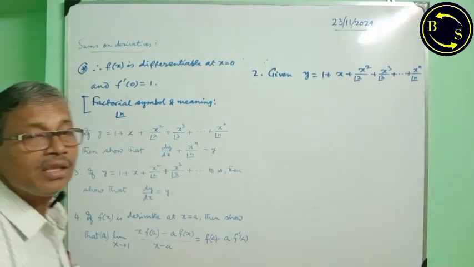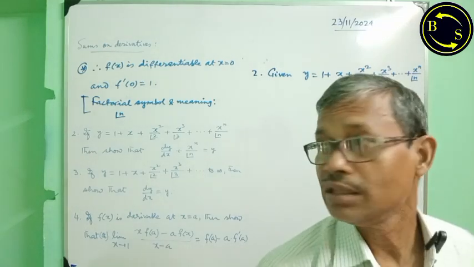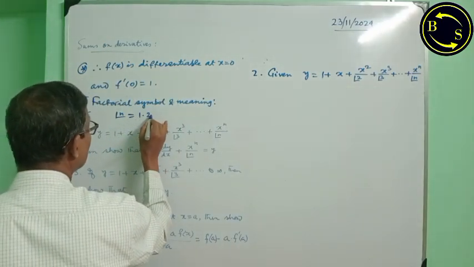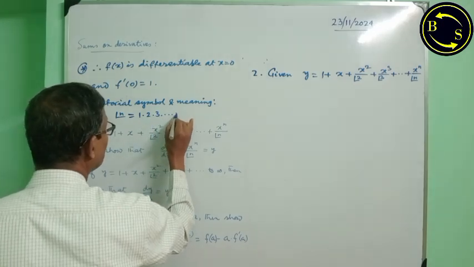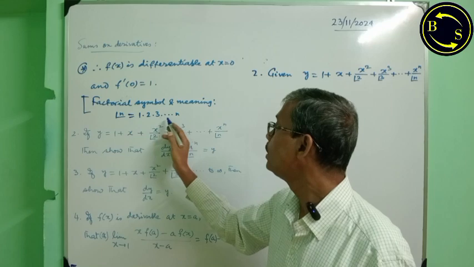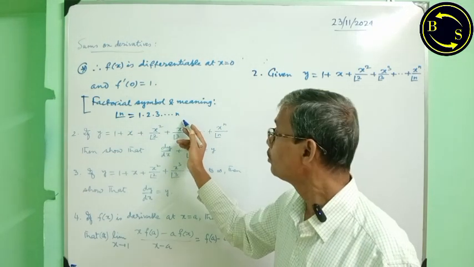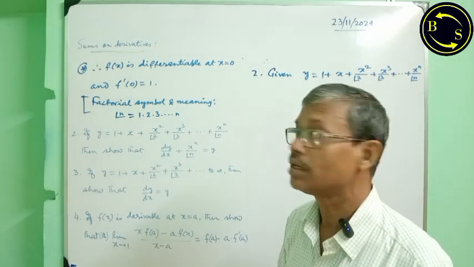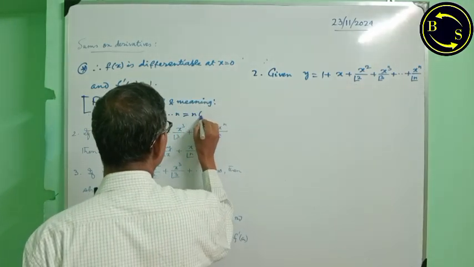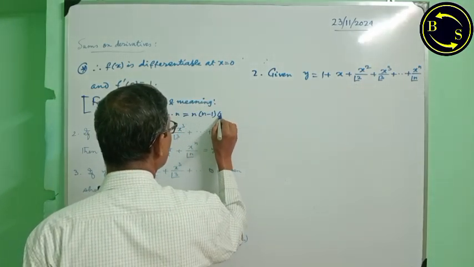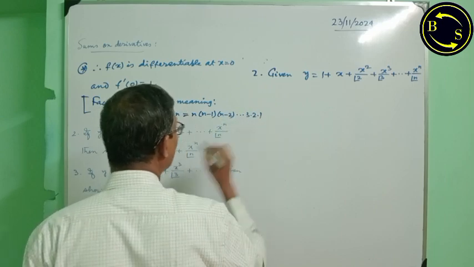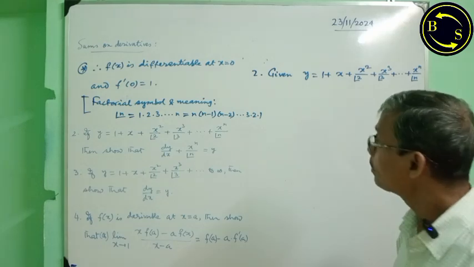Factorial n is equal to the product of 1, 2, 3 up to n. Also we can write in reverse order, n into n minus 1 and so on. This is the meaning.